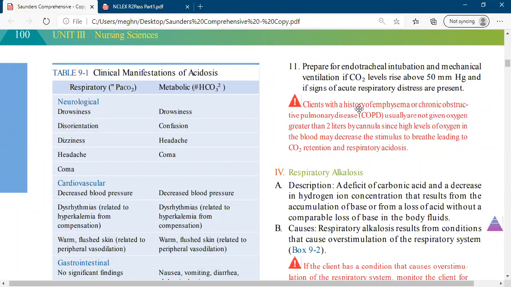So if your patient has COPD or emphysema, you have to diagnose either respiratory acidosis or respiratory alkalosis. If your patient's respiration rate is too slow, maybe there is respiratory acidosis. If your patient's breathing is too fast, it is respiratory alkalosis.